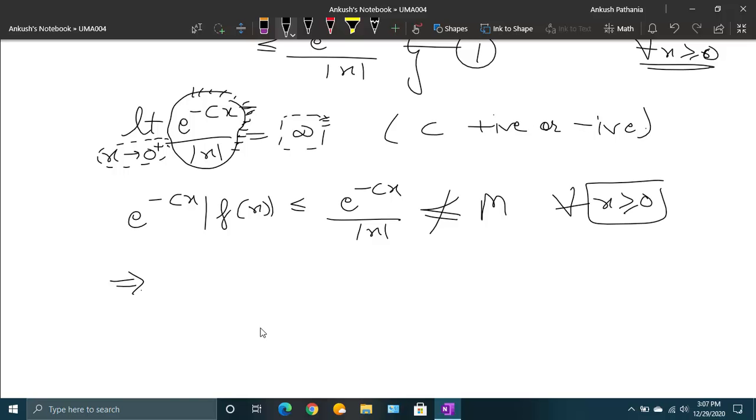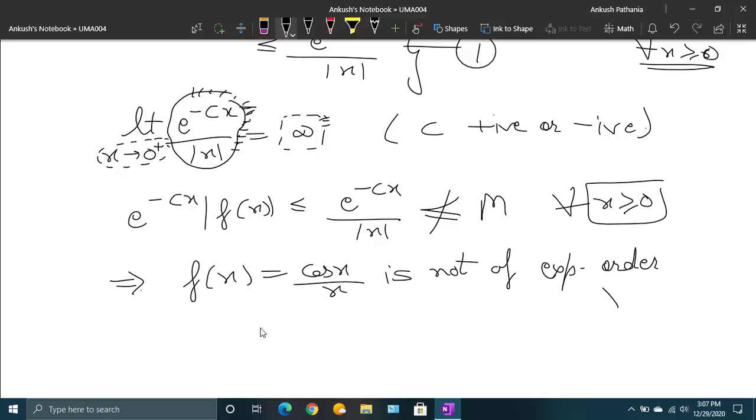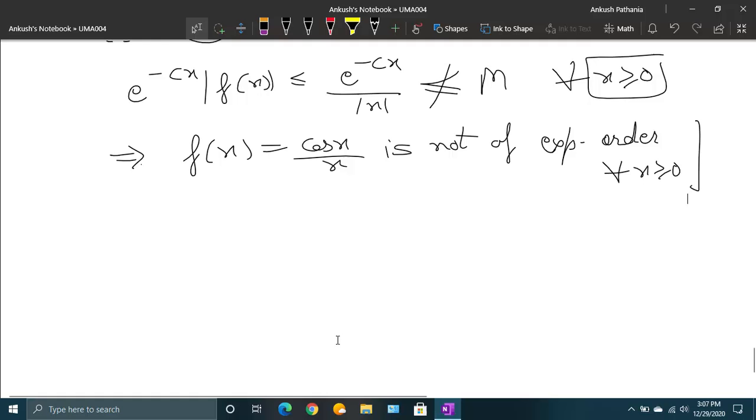It implies f(x) equals cos x upon x is not of exponential order for all x greater than or equal to 0. You have a problem for x lying between 0 and 1, including 0.